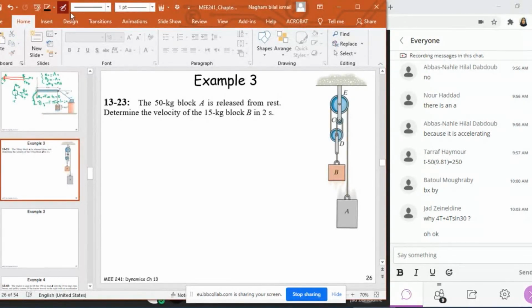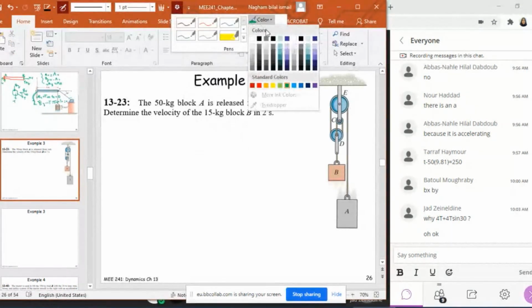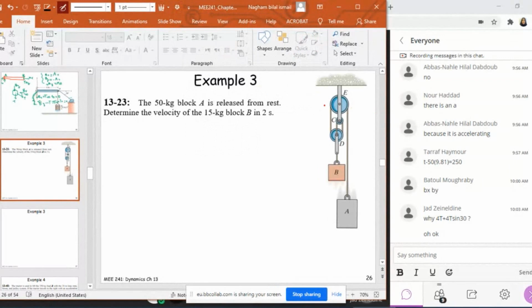So I'm gonna take, as usual, a datum. I'm gonna assume that this is my datum, and that this is SB, and this is SE.